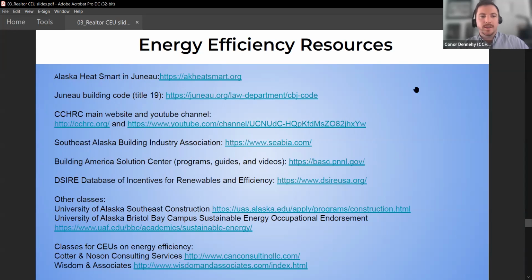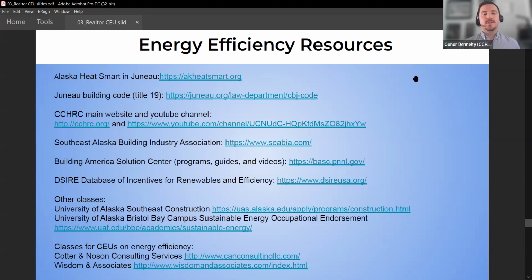One that I do want to highlight is called the DSIRE database, if those of you are familiar with that. Essentially that is a kind of clearinghouse for rebates. So if you were to go on there, you type in Alaska, you won't see a ton in Alaska compared to some other states, but all of the applicable national programs will pop up. So like the 45L tax credit will pop up, and then you can select those and figure out, is the house appropriate for this?